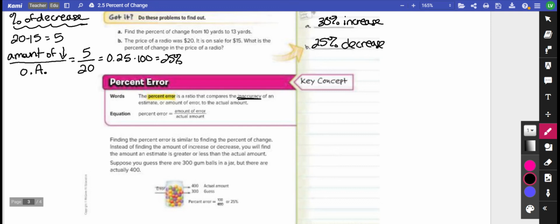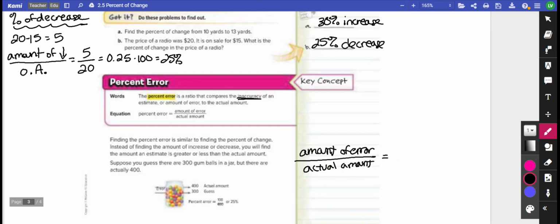So suppose you guess there are 300 gumballs in the jar, but there are actually 400. Well, we're going to go ahead and compare the actual to the guess. So we're going to find the amount of error and divide it by the actual amount.